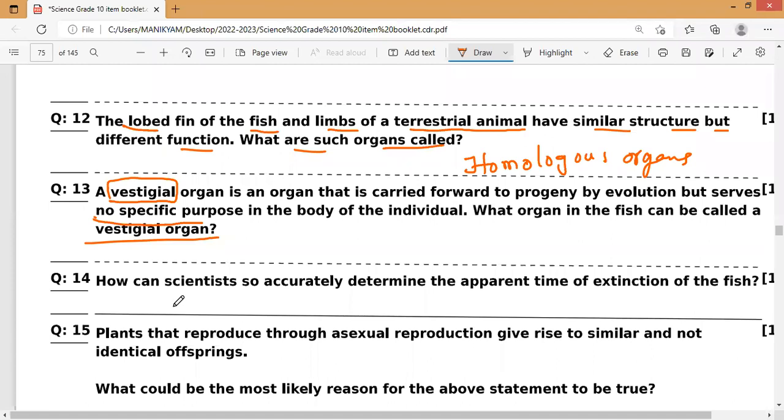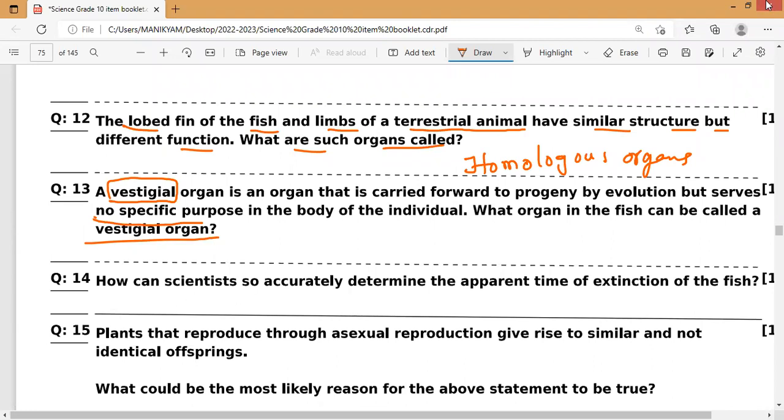So the appendix had a use and helped in digestion. But in later days, this value has decreased, so it plays no part in digestion, and slowly it will disappear. It will be removed from our body soon. So that is what you have to remember.